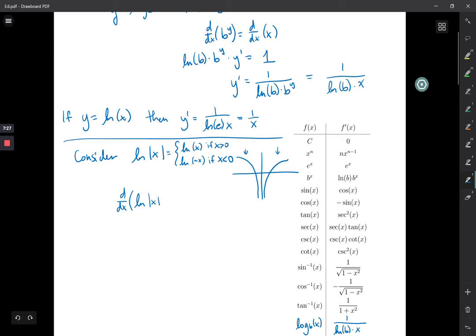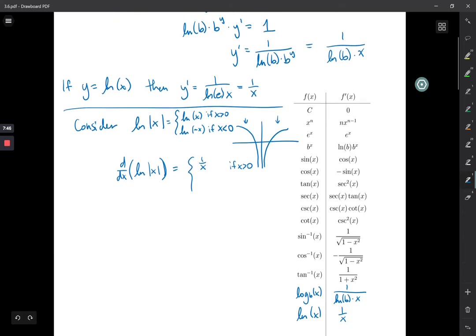So the derivative of natural log of absolute value of x would be equal to, for the first piece, if x is greater than 0, just 1 over x. That's just the natural log function that we just found the derivative for. And then for the next one, this is a negative x inside of the natural log function, so we can just use the chain rule to differentiate that.